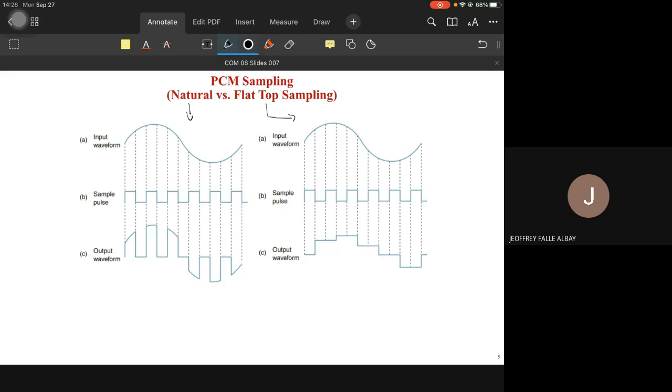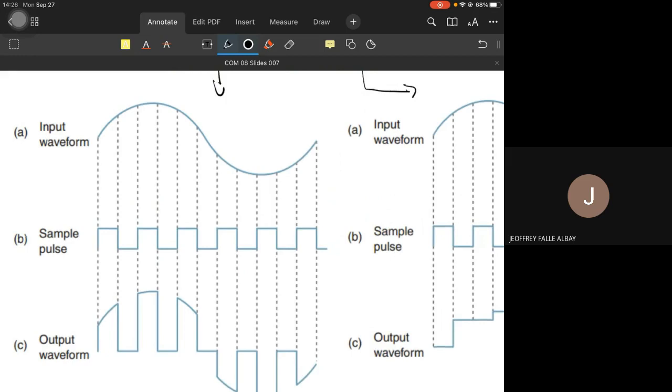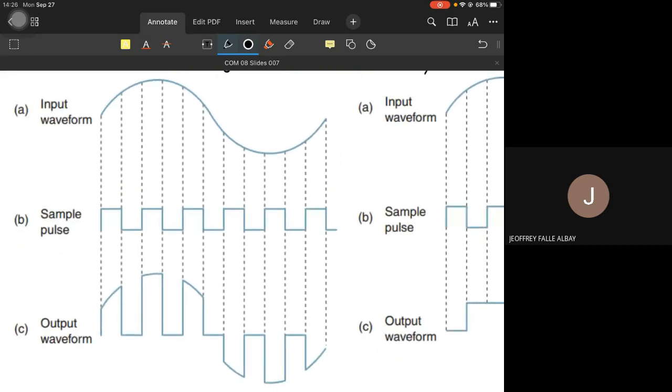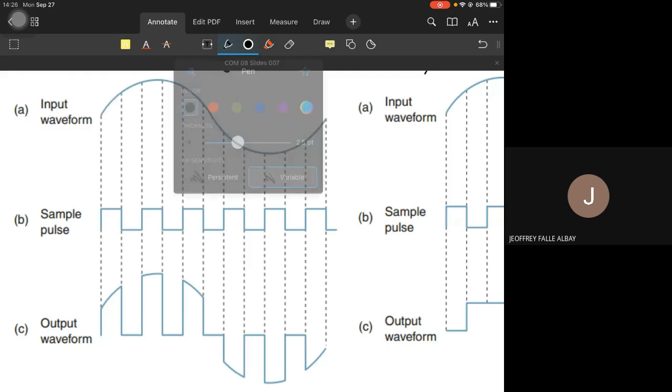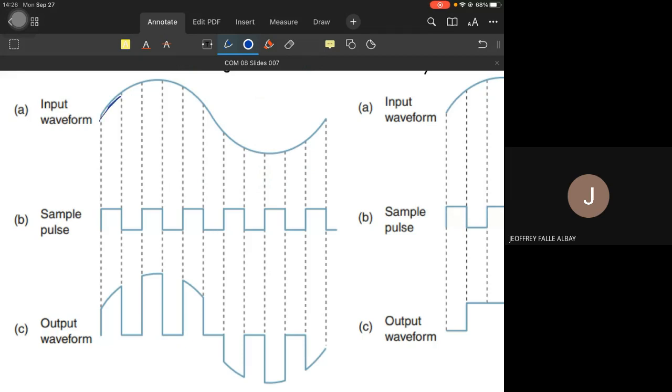So you can compare these. The natural sampling is a simple circuit. During the sample pulses, meaning our circuit is turned on, it passes our signal, so that is also the output sample.